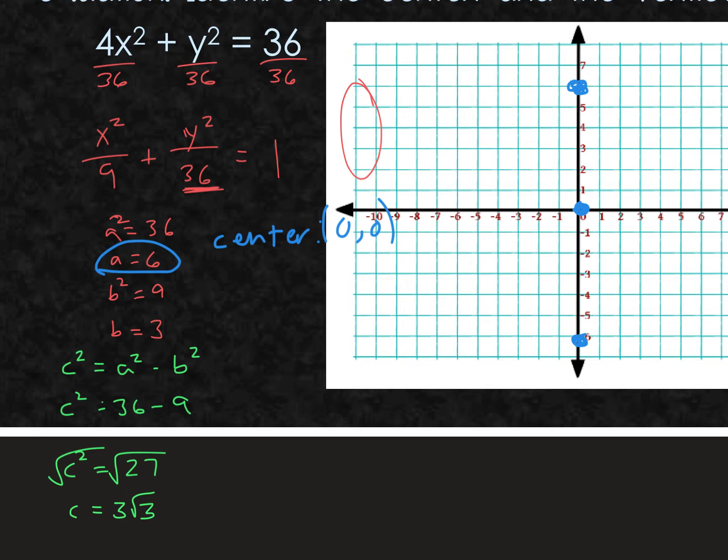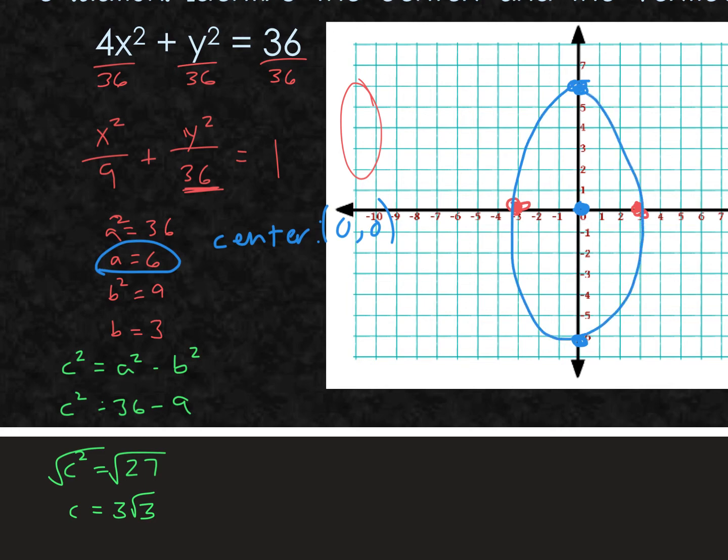And then b is our distance from the center to the vertex on the minor axis. So we're going to go to the right 3 and to the left 3. And this is our ellipse.